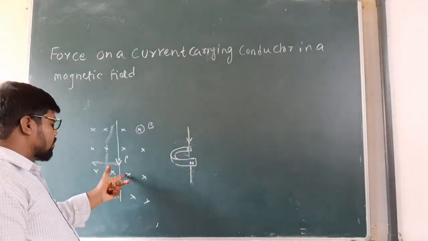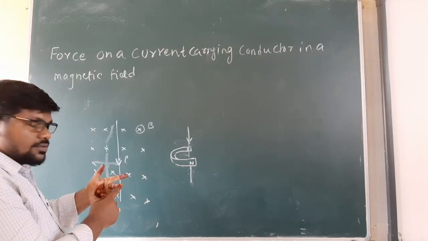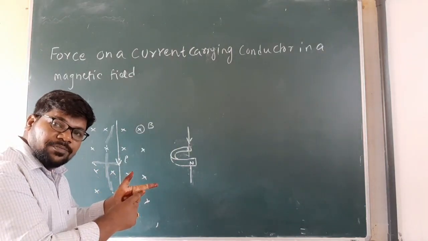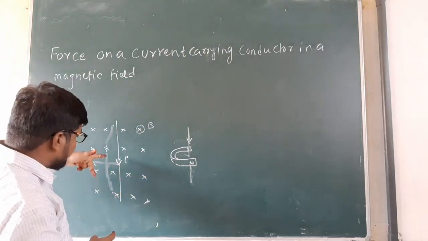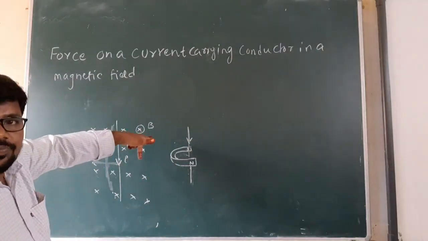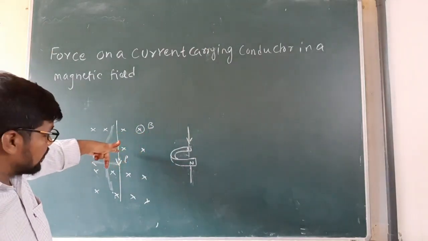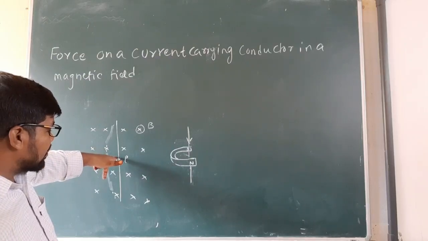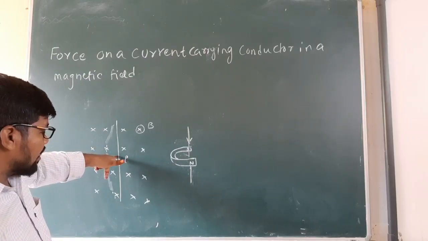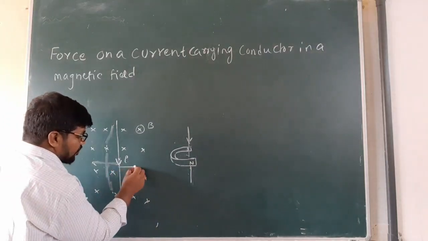Forefinger into the board, middle finger in the direction of the current, and the thumb indicates the force acting on the current carrying conductor, which moves in the rightward direction.